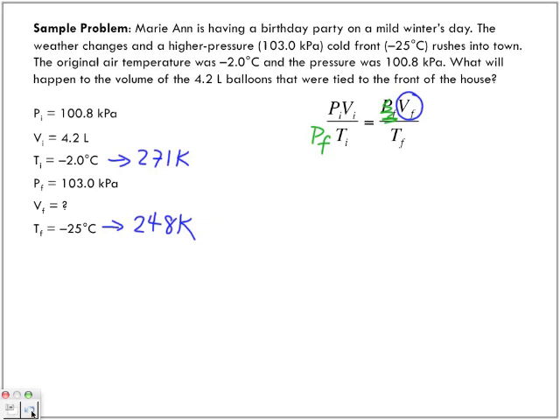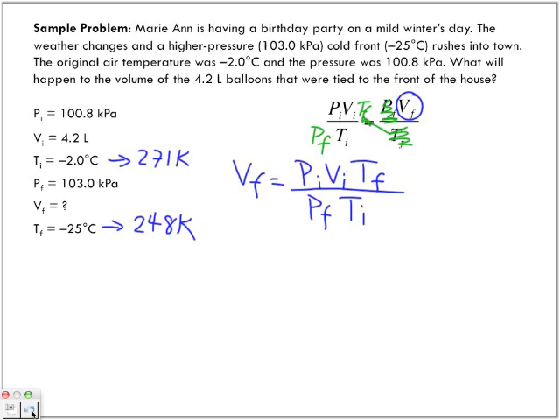Now we've got the final temperature. So we want to isolate for the VF, so we're going to move it across the equal sign. Because it's in the denominator here, we are going to put it up here in the numerator. So our equation becomes, our final volume is equal to PI VI TF over PF times TI.